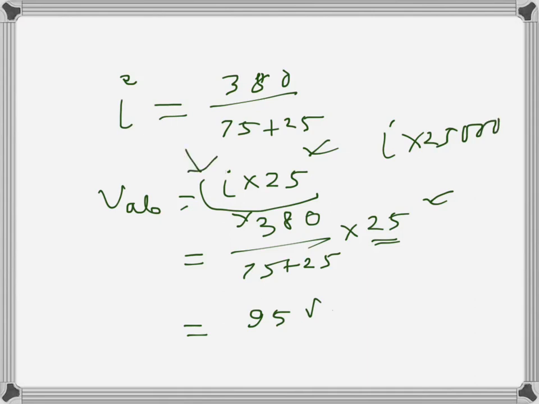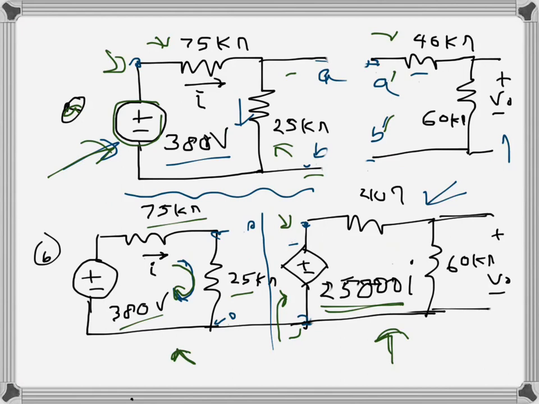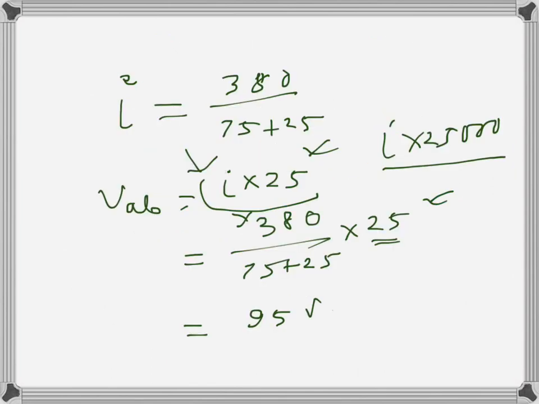But here I was in milliamps, so that was okay as long as I was careful, but this is how it should be. So that's why in the secondary, instead of a physical connection, there is a current controlled voltage source, and its value is 25,000 times I. So essentially we will get the same result. We can just check.